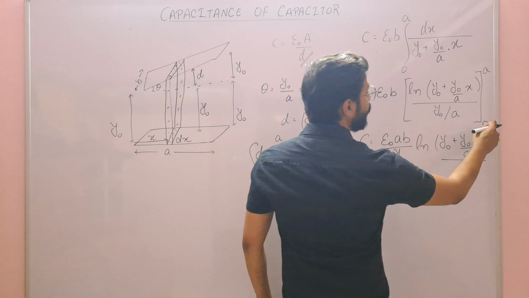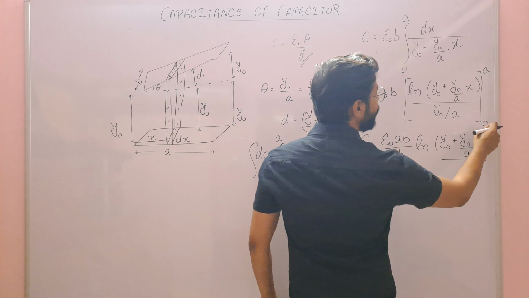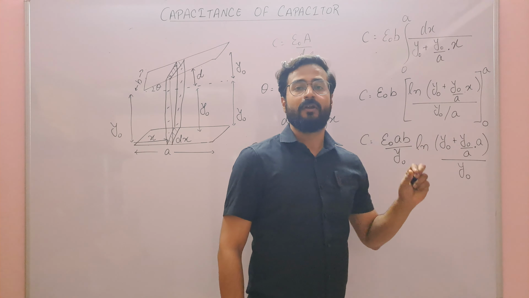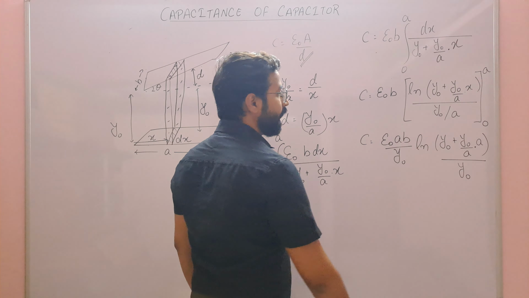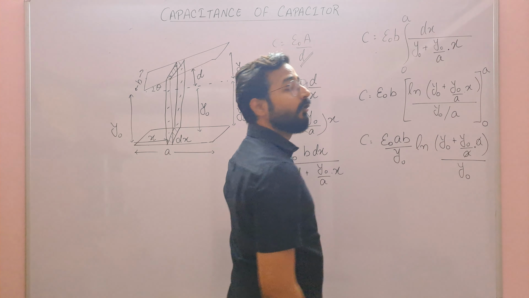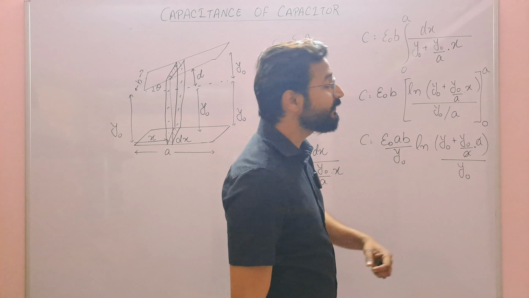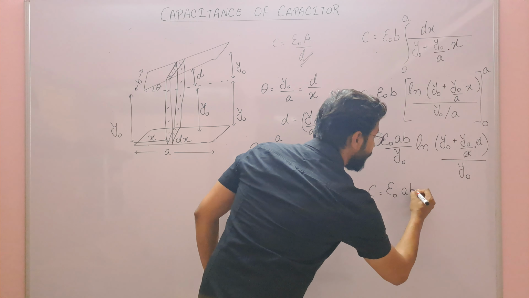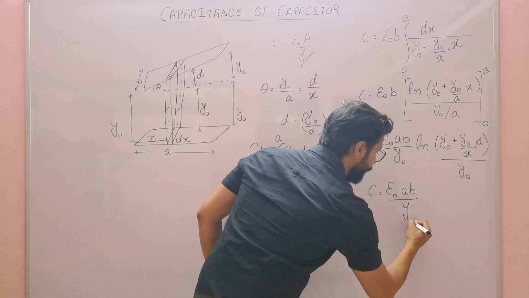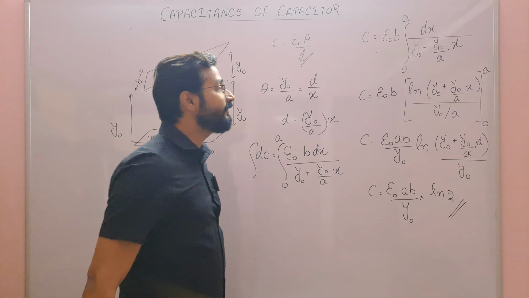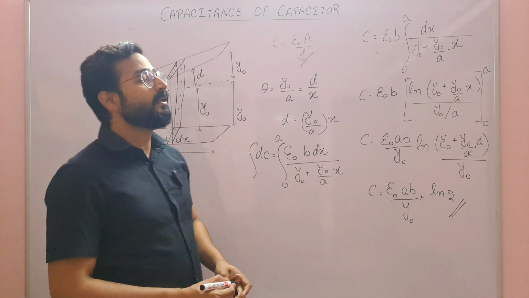If I put 0 in the place of x, I will get y naught. So I have written log a minus log b as log a upon b. Now this A will cancel out. In the numerator there will be 2 y naught, and the denominator is y naught. So I will end up with the expression epsilon naught A B upon y naught into log 2. So this is the expression for the capacitance of this setup.